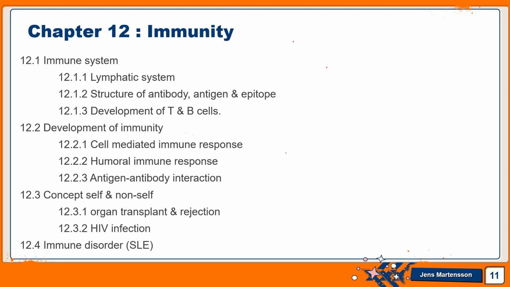Okay, so that's all for this chapter. Normally this chapter is very difficult. I can say it is difficult to understand, but it's interesting if you already understand. So hopefully you all can understand it.